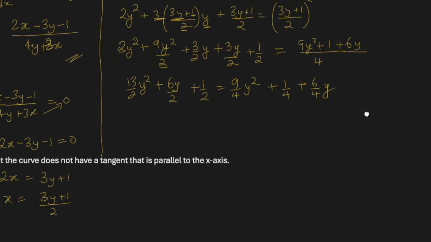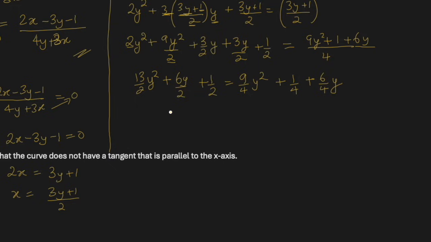Okay, let's bring everything to the left side. So 13 over 2 y square minus 9 over 4 y square, 6 over 2 is 3y, minus 6 over 4 is 3 over 2 y, plus half, minus 1 over 4 equal to 0. All of them, okay, let's take LCM, which is 4, right?